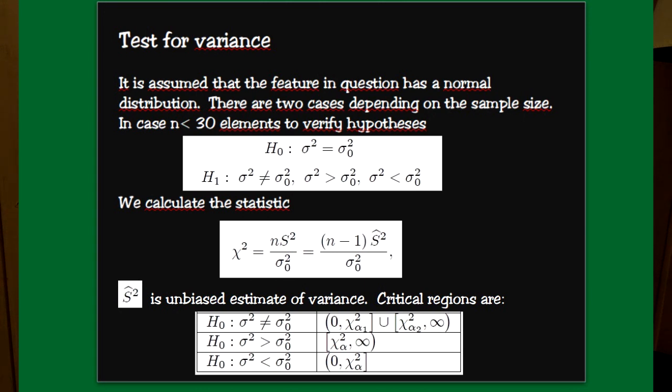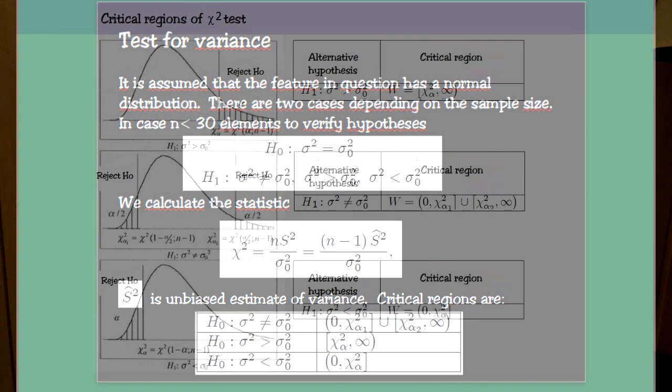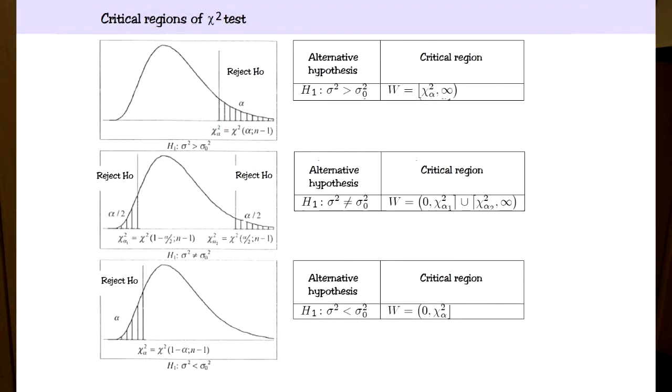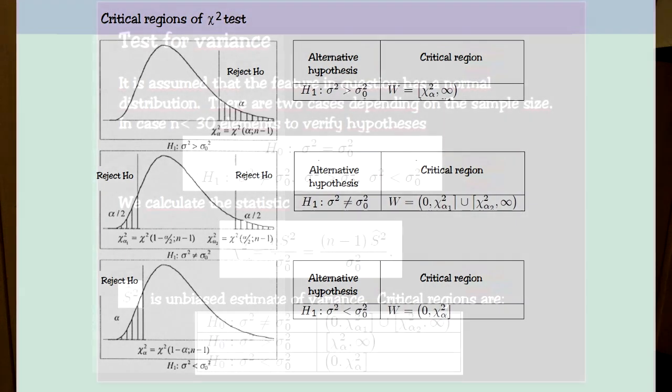critical regions. For sigma squared different from sigma 0 squared, we have two intervals: from 0 to chi-squared of alpha 1, union chi-squared alpha 2 to infinity.